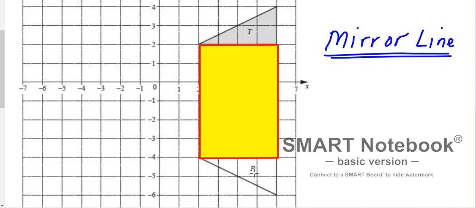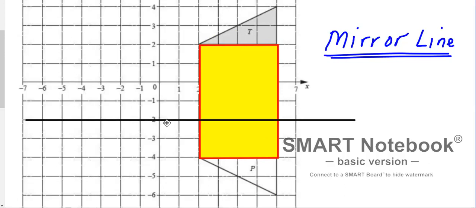If shape P has to be the reflection of shape T, we need to guess a line that divides this yellow space into two equal halves. So let me try drawing the line passing through this point. Can you see that that line is not cutting the yellow space into two equal halves?